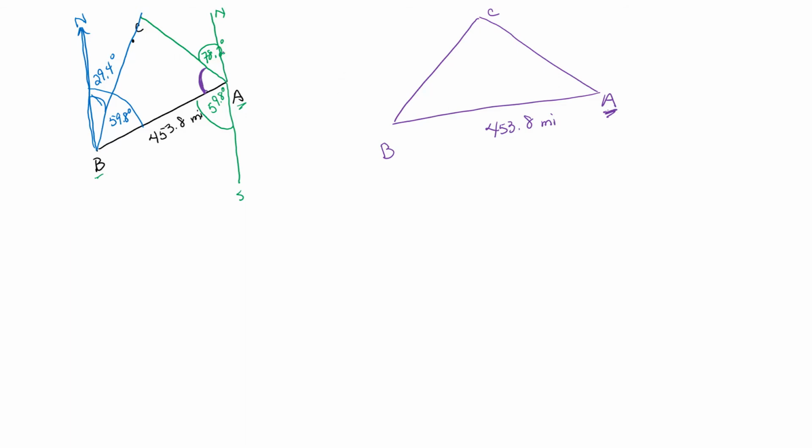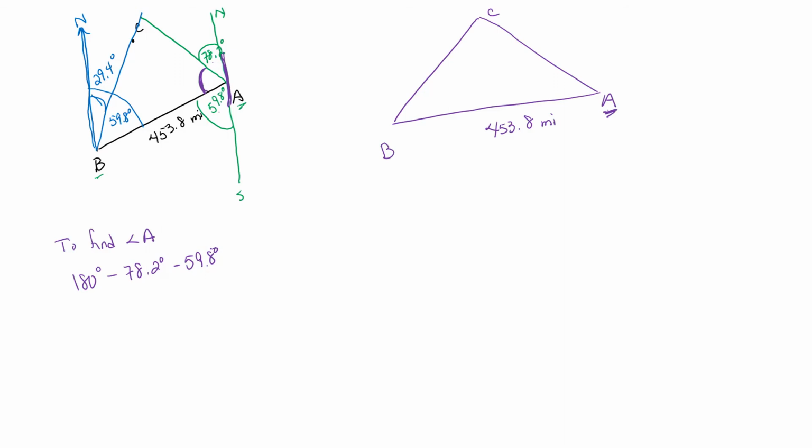Do you notice this is a straight angle? And a straight angle is how many degrees? Good, 180 degrees. Do you notice on either side of it, I've got two angle measurements? So, to find angle A, I would have to take that 180 degrees, subtract the 78.2 degrees, and subtract the 59.8 degrees, wouldn't I?